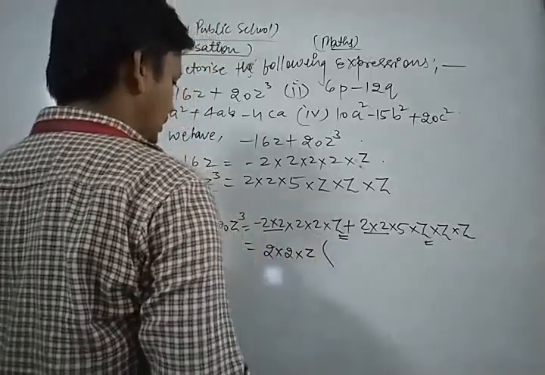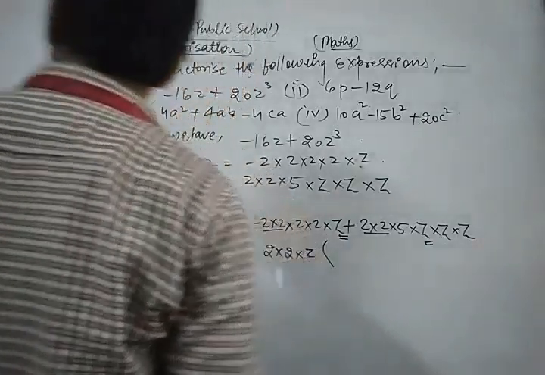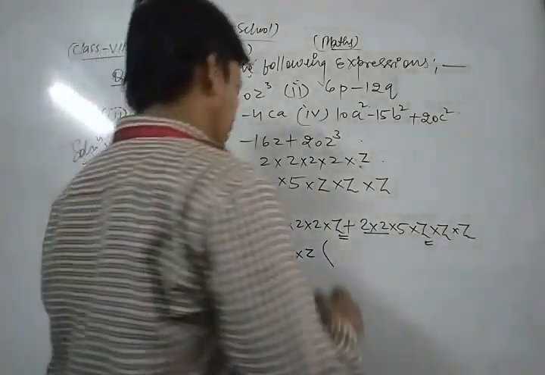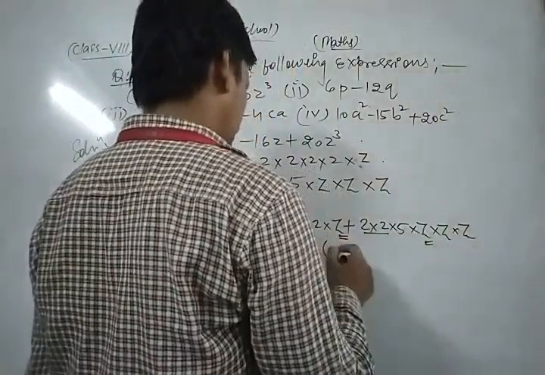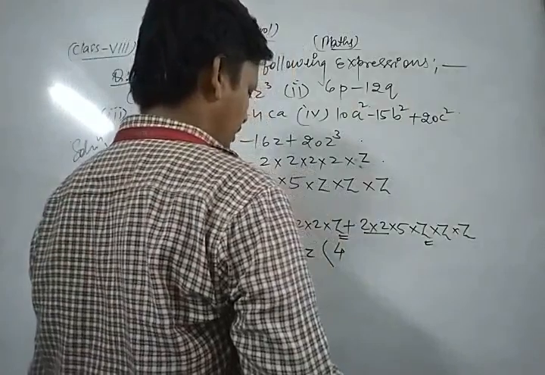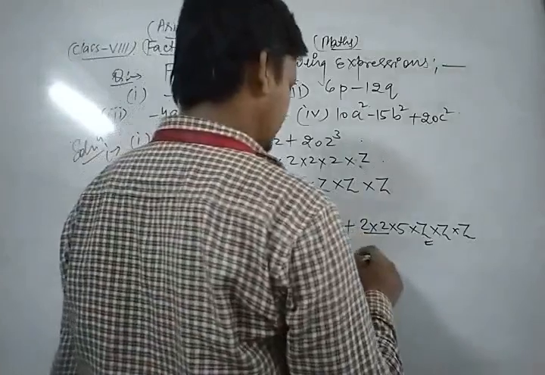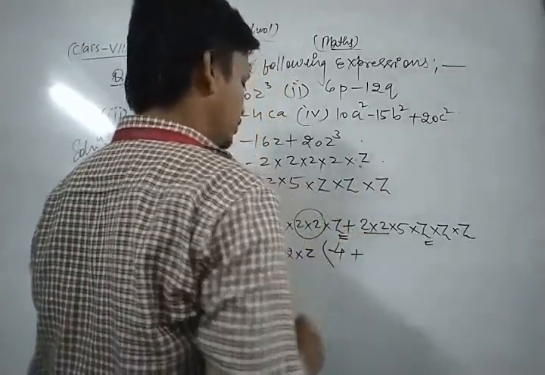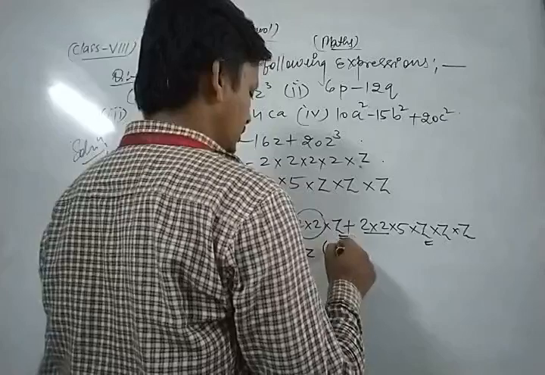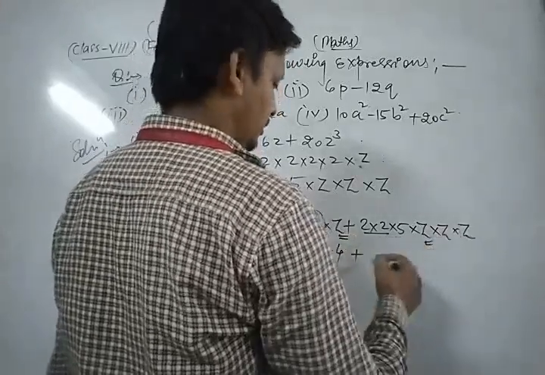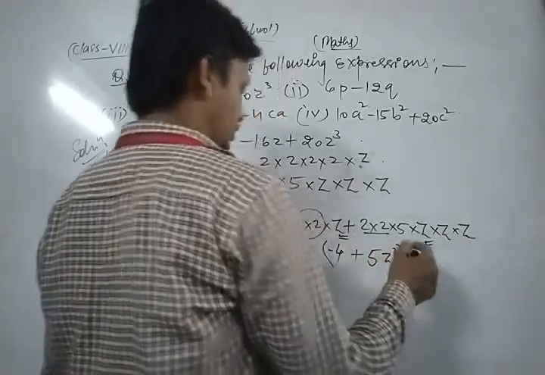In the first term we get 2 to the 4, and in the second term we get plus 5z square.